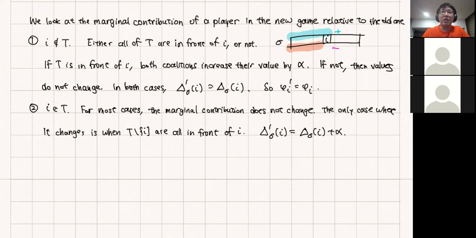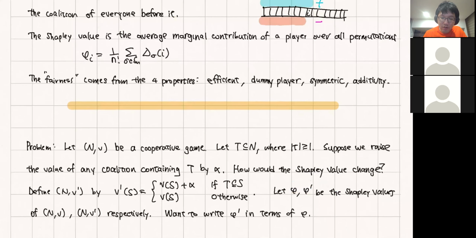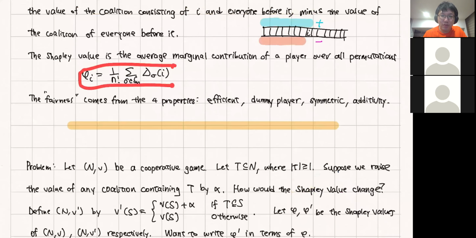Okay, so now what we have is a counting problem. The marginal contribution increased by alpha for permutations where everything in T except for I is in front of I. If you look at this Shapley value formula, we see that this contribution increases by alpha for certain permutations.